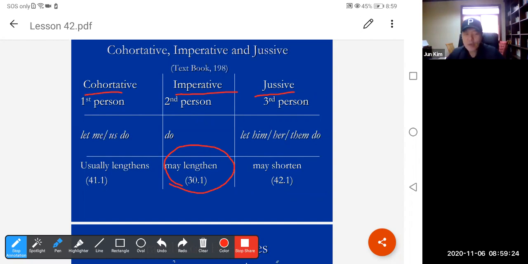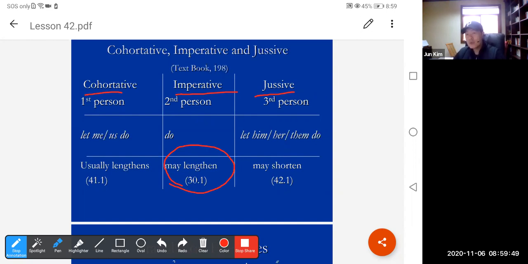Still, the idea of a change in the vowel point is there. So compared to recognizing the cohortative and jussive, the imperative is much easier because of the specific vowel pointing and ending. But sometimes you will have the emphatic he, so lengthening may happen. Okay, what about the jussive? What do you need to remember?